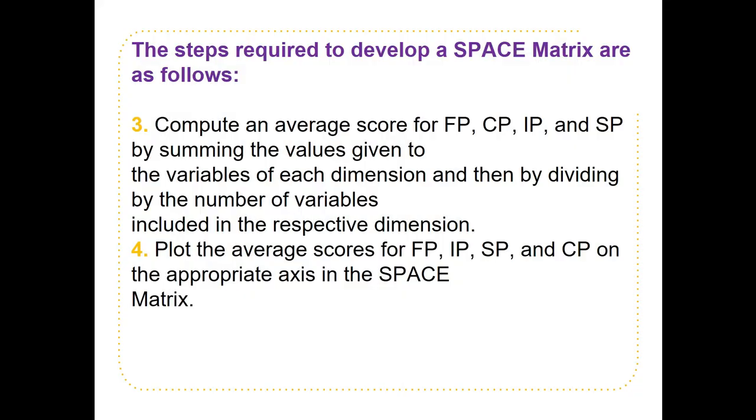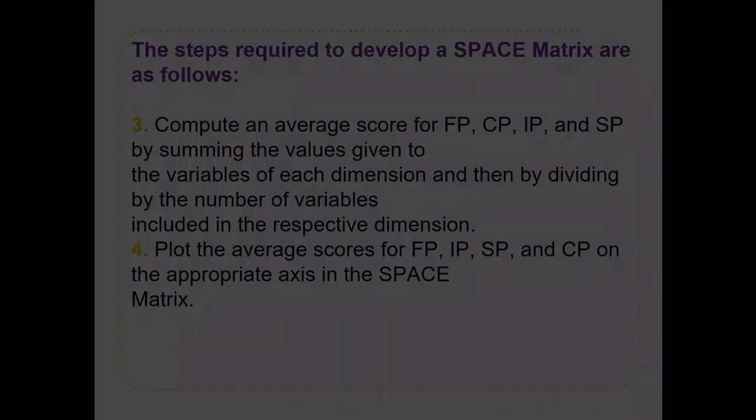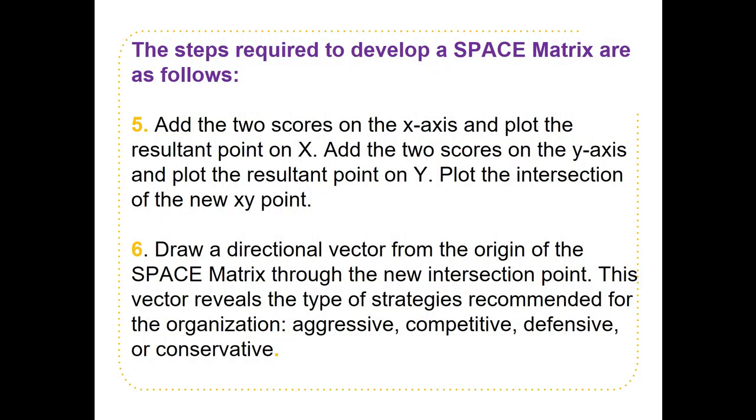And then plot the average score for FP, IP, SP, and CP on the appropriate axis on the SPACE matrix. I will show you later on. Then add the two scores on the x-axis and plot the resultant point on x, and then add the two scores on the y-axis and plot the resultant point on y.